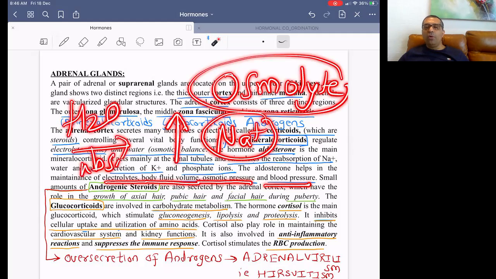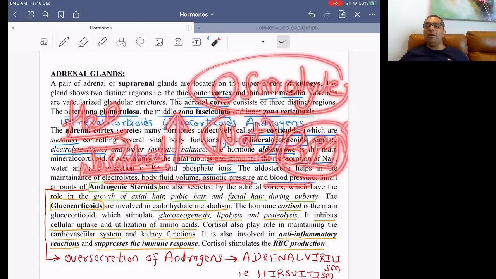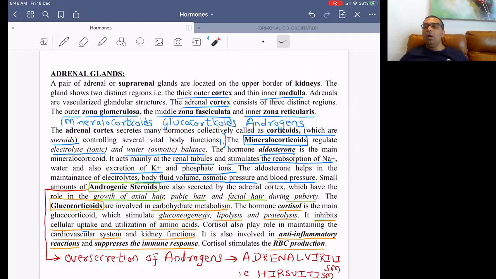The more the amount of sodium, more the amount of water absorbed, and that much more will be your blood pressure. So your blood pressure will increase depending on the amount of sodium that is there inside you. So your sodium levels will decide how much is your blood pressure, and that will be decided by the amount of water absorbed. And that is done by aldosterone. Aldosterone will help in that process.